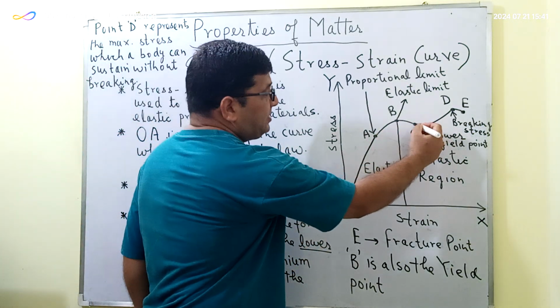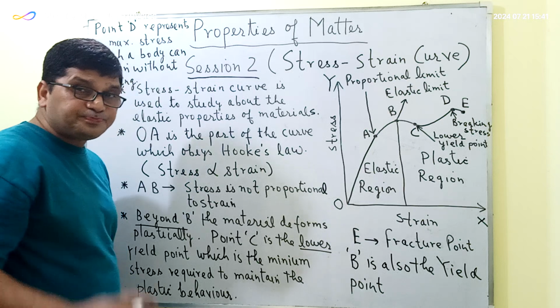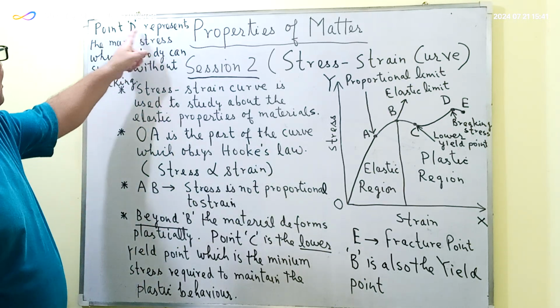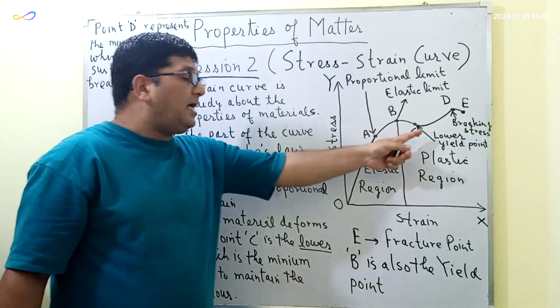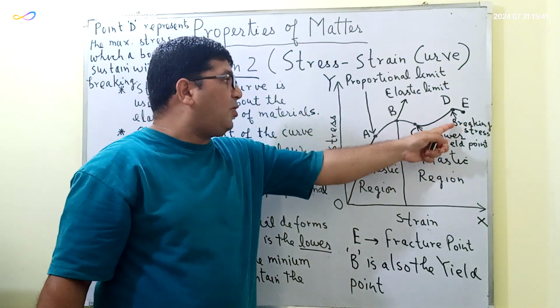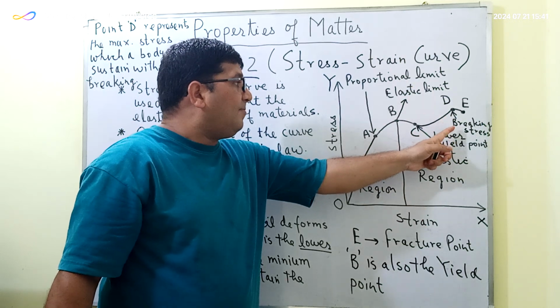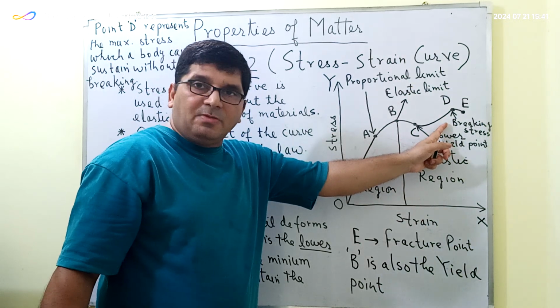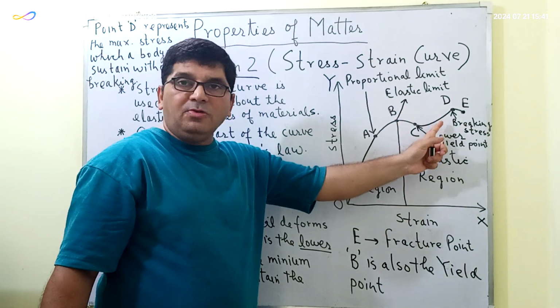Next you can see there is a point D. This point D is called the breaking stress. Breaking stress means the point D is the maximum stress which the body can sustain without breaking.